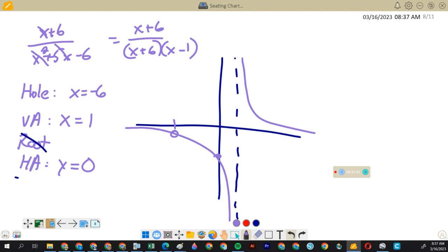Let's do some that are a little bit harder. Let's do 14.